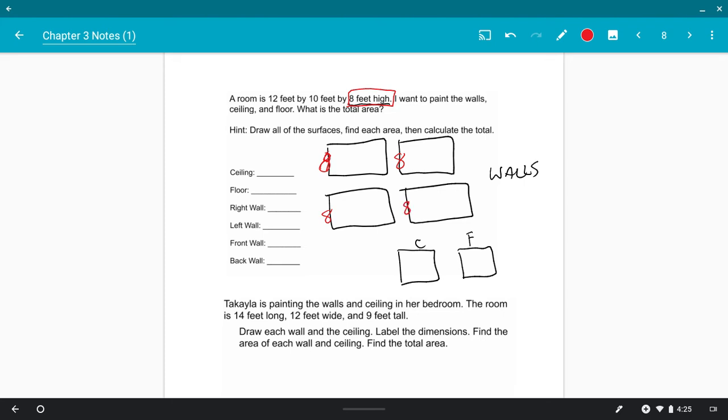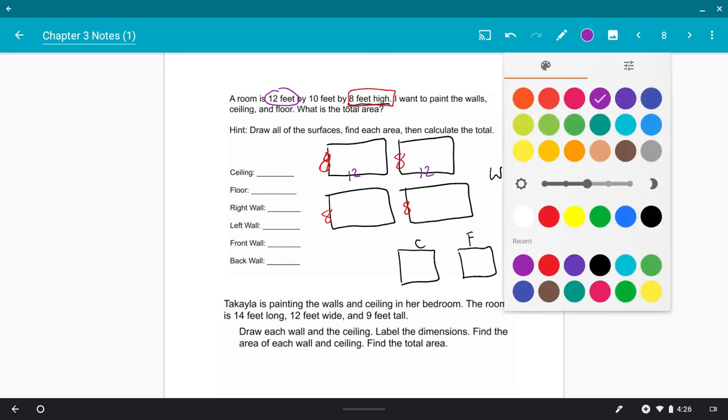It is not going to go on the ceiling and the floor. So it never goes on the ceiling and the floor. Because the ceiling is like the lid and the floor is like the bottom. So you don't need to worry about how tall the room is. Then we're going to pick the 12 foot and we're going to put that on one wall and then its partner.